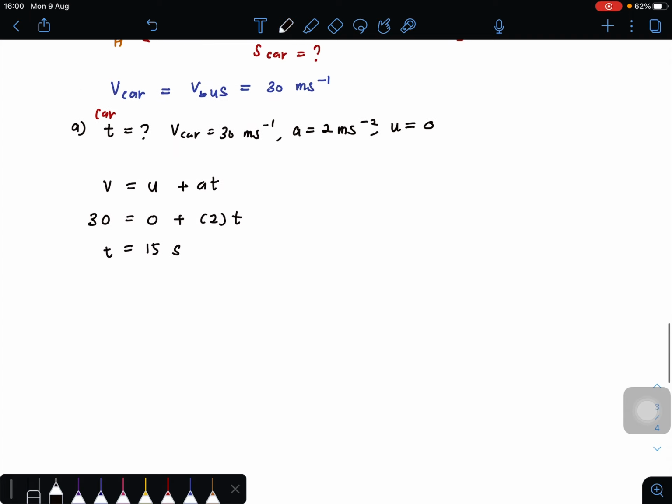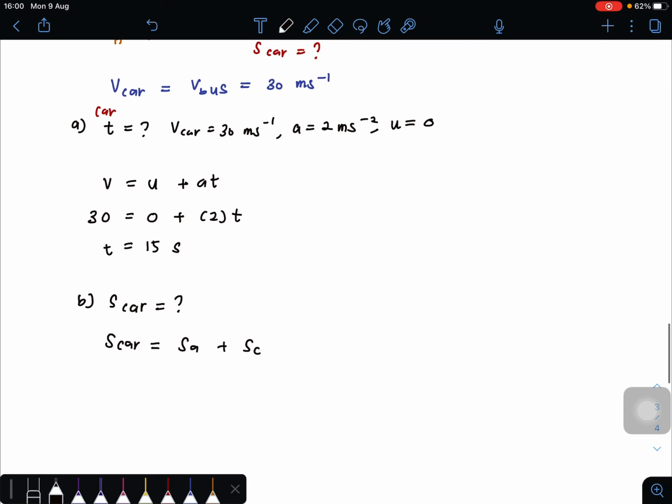Okay, so let's write down here. Because we want to find the distance traveled by the car, which is equal to SA plus SC. So we want to find SA and SC first. Let's find SA first. We look at them one by one.